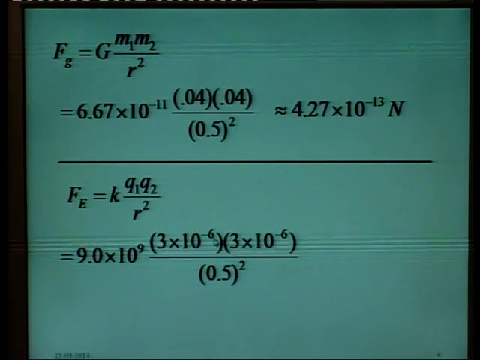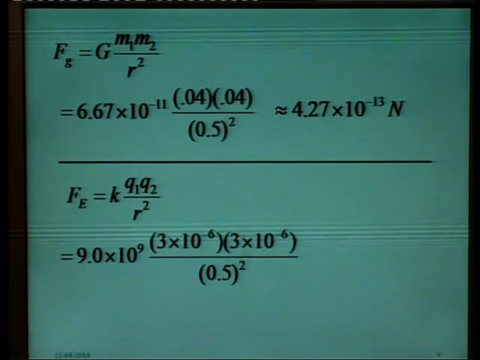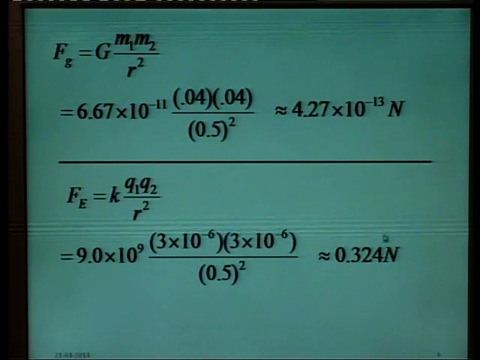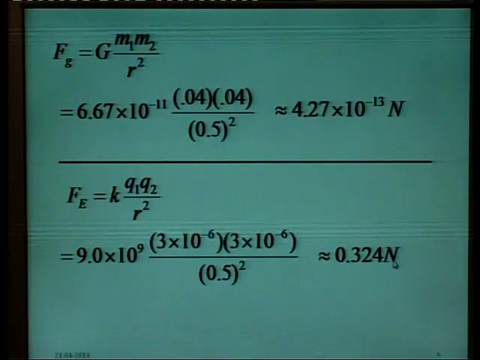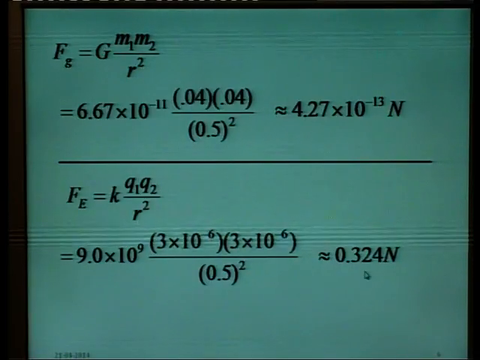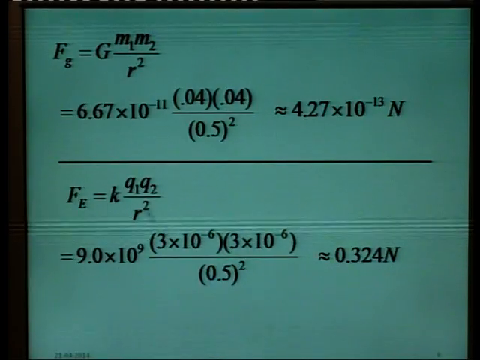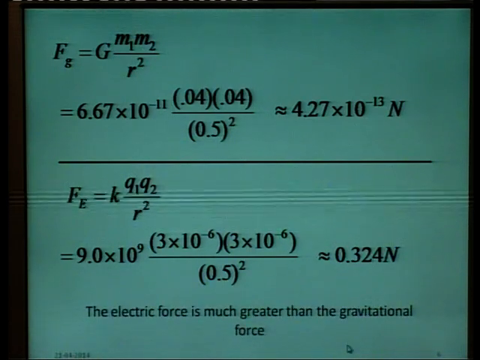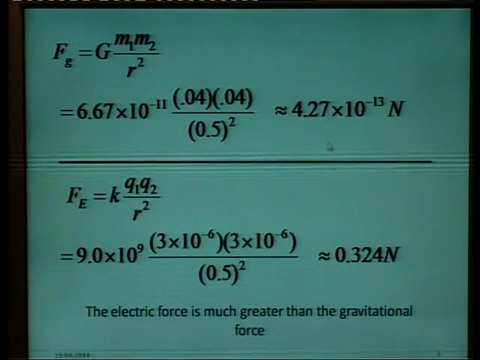So, 3 into 10 to the power minus 6, Q2 is 3 into 10 to the power minus 6 divided by 0.5 square. This gives you 0.324 Newton. So, if you compare the two, you see that electrostatic force is 10 to the power 12 times that of the gravitational force. It is much greater than the gravitational force, 10 to the power 12 times in this example.